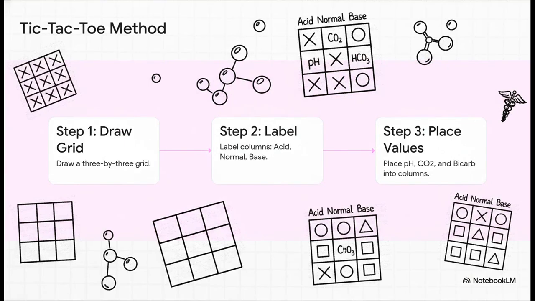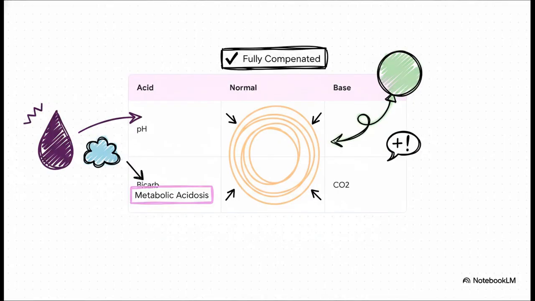It is, but when you're in the heat of the moment, at 3 a.m. in the ICU, sometimes you want a visual. That's where the Tic-Tac-Toe method comes in. It's a game changer for speed. So, Sarah, how do we set up the board? It's super simple. You just draw your 9-square grid, label the columns from left to right, acid, normal, and base. Then you just start placing your values. First, the pH.